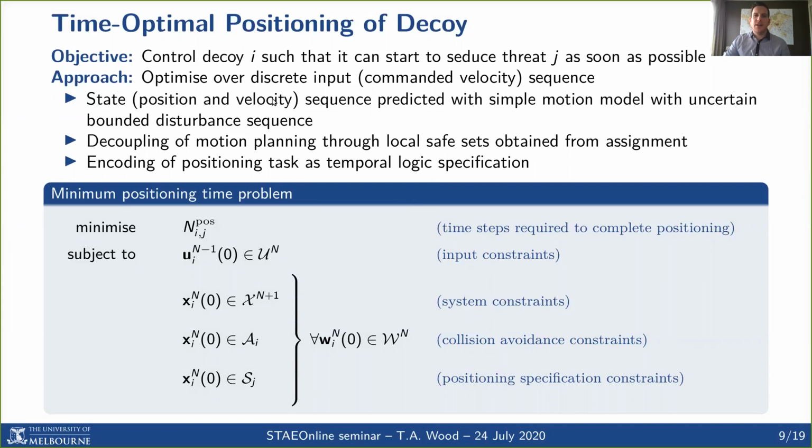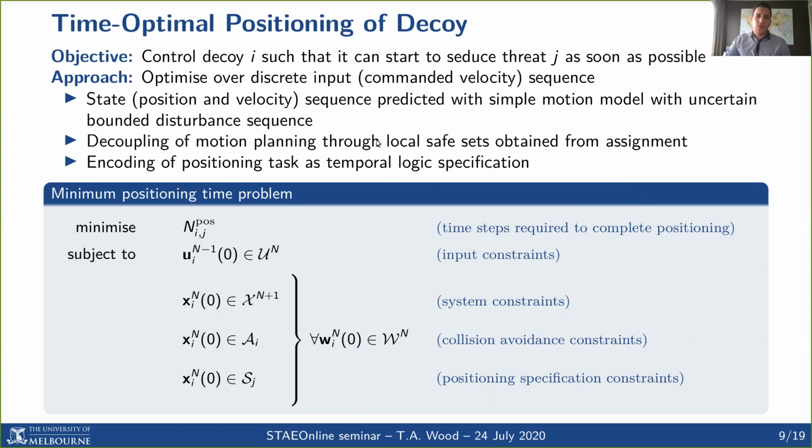So for decoy i assigned to threat j, we want to minimize the time steps required in the discretized model, to the point where we satisfy conditions that we can start the seduction of the threat.